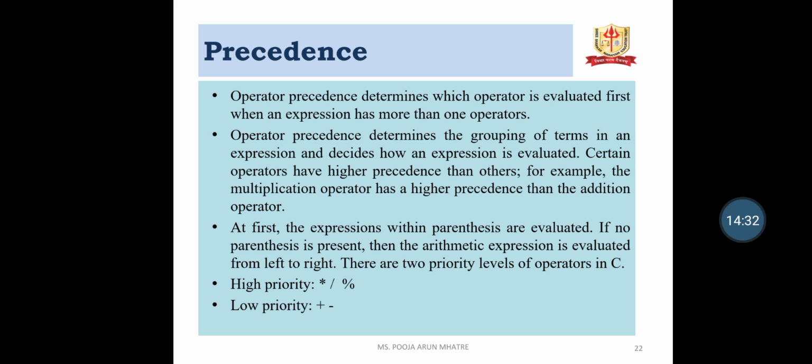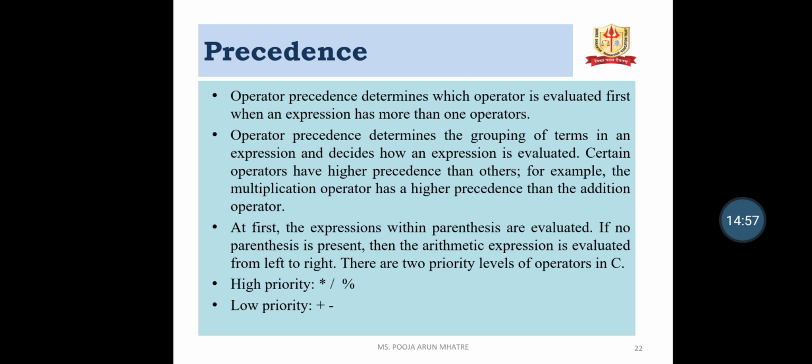Precedence. Operator precedence determines which operator is evaluated first when an expression has more than one operator. So operator precedence determines the grouping of terms in an expression and decides how an expression is evaluated. Certain operators have higher precedence than others. For example, the multiplication operator has a higher precedence than the addition operator.